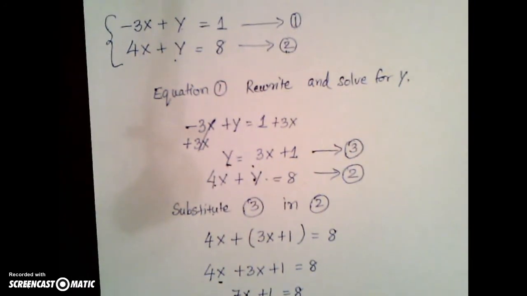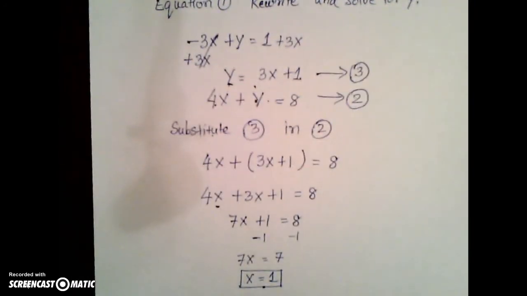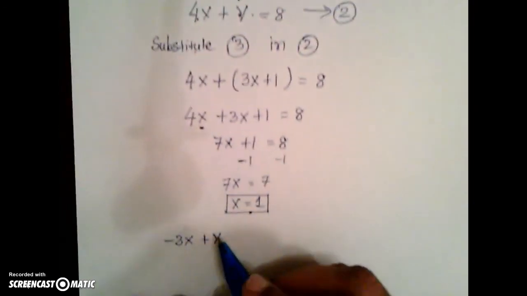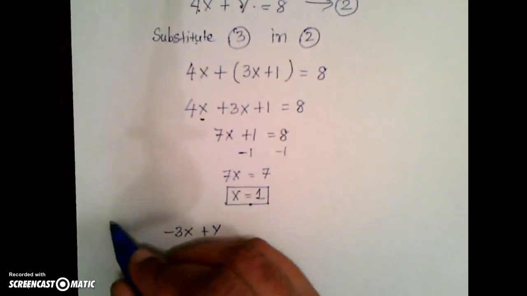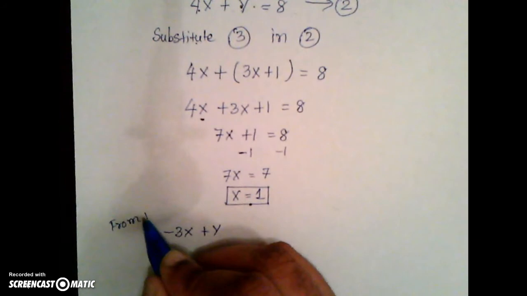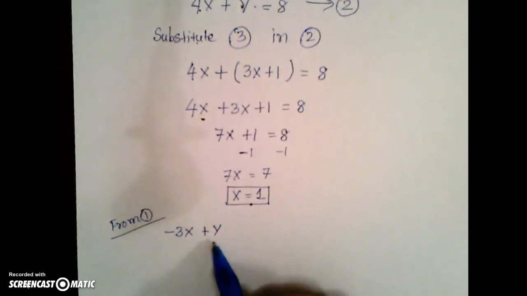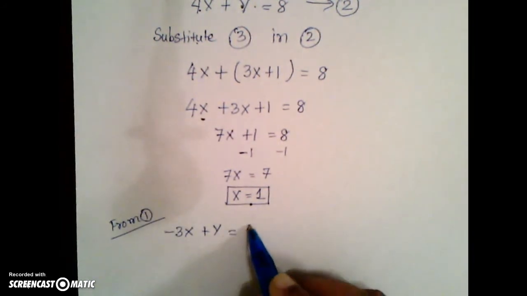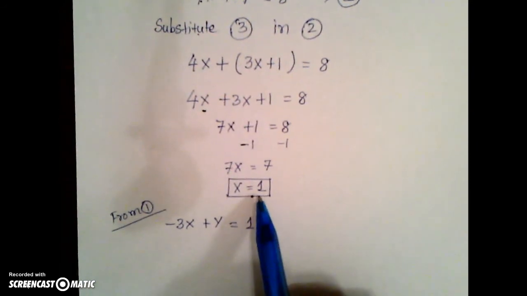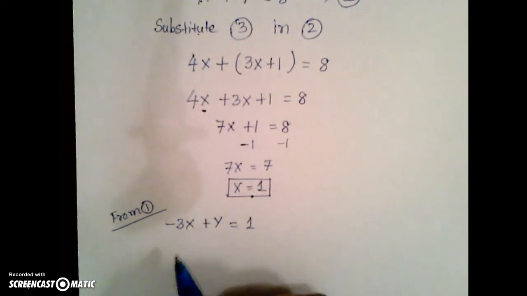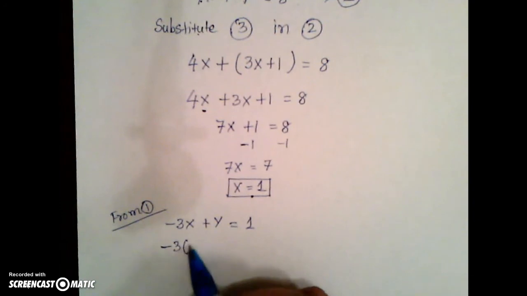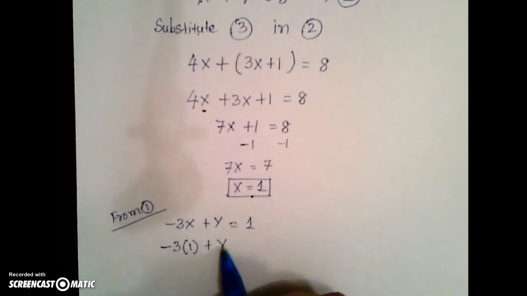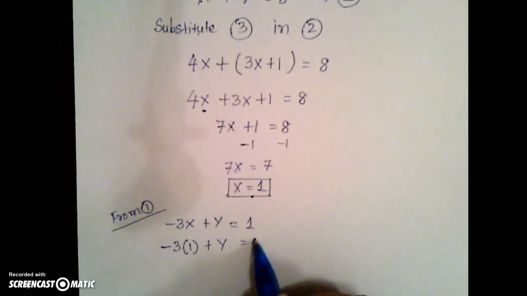So we have the equation negative 3x plus y from equation 1. We know that negative 3x plus y is equal to 1. So I'm going to substitute the value of x into this equation. So negative 3 times 1 plus y is equal to 1.